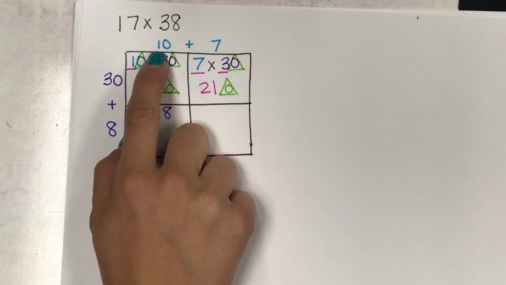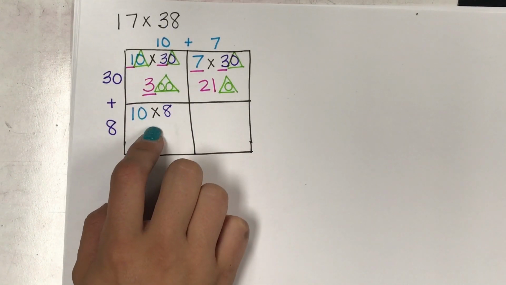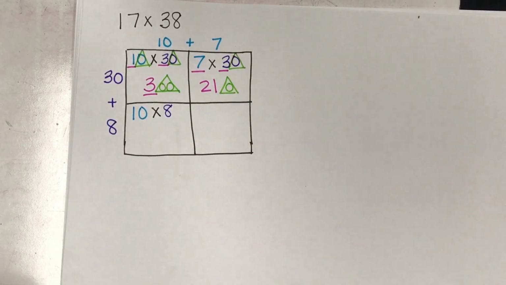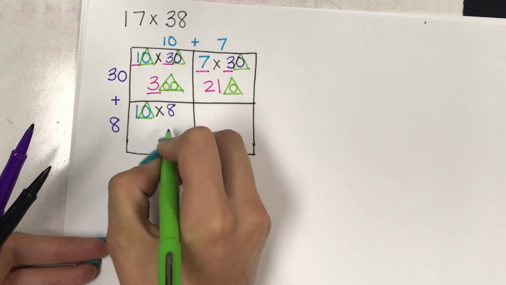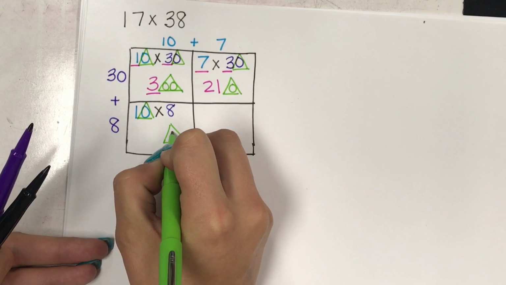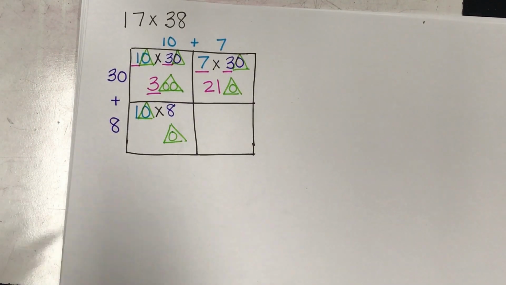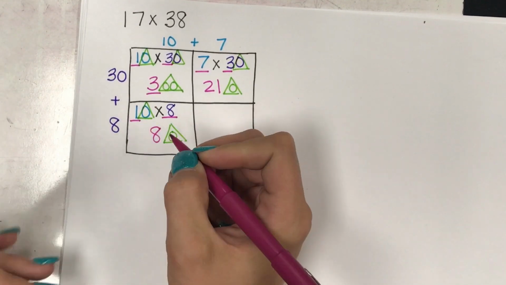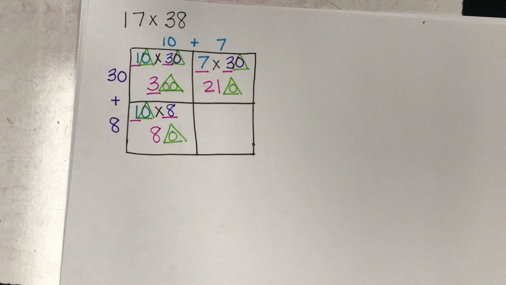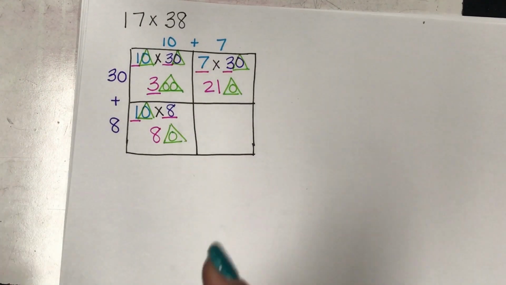Right. So here I have a 10 above it, and then I'm multiplying it times that 8 here. So how many zeros in my problem? 1. So how many zeros in my answer? 1. What's 1 times 8? 8. Did we already know that 10 times 8 is 80? Yes. Just checking. All right.